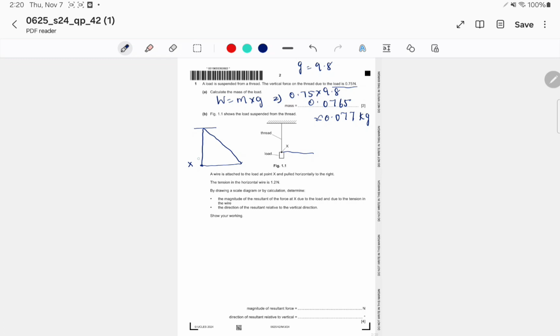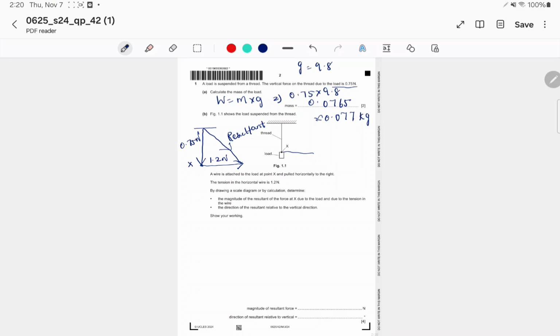The force acts downwards, the tension acts horizontally, so the resultant should be here. The load from the previous part is 0.75 newton, and the horizontal wire force is 1.2 newton. So this is the diagram.